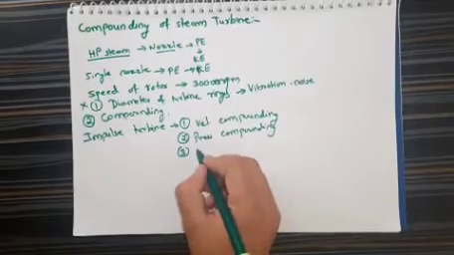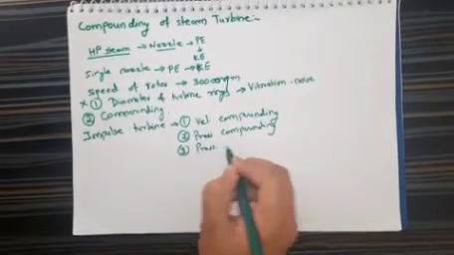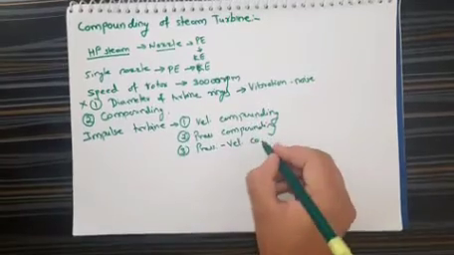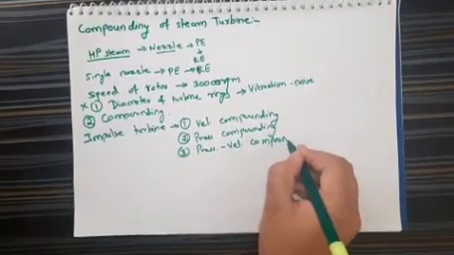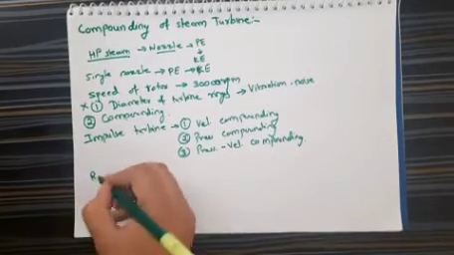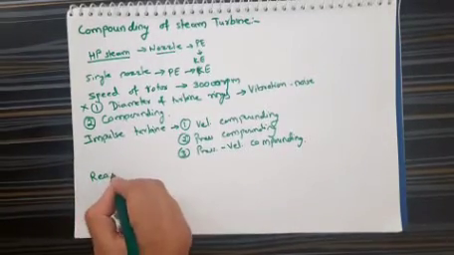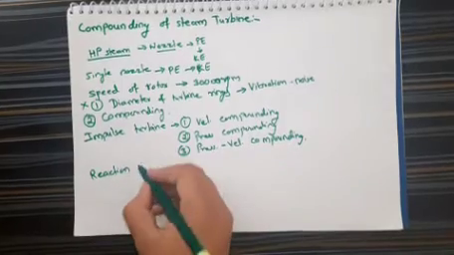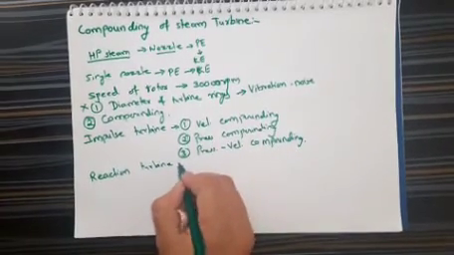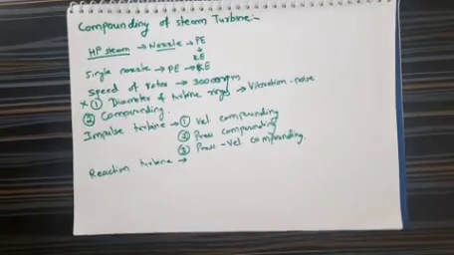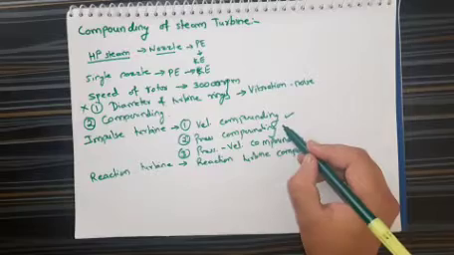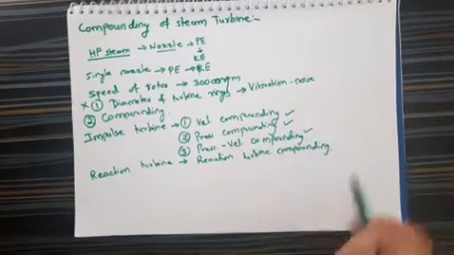Third one is pressure velocity compounding, which is a combination of these two. And the reaction turbine has a single type of compounding, that is reaction compounding. Now let's see this compounding in detail.